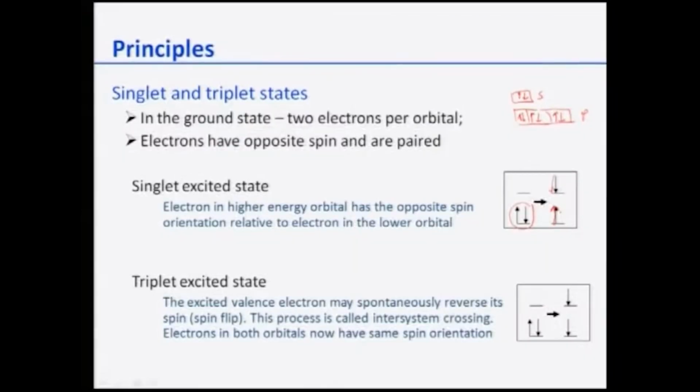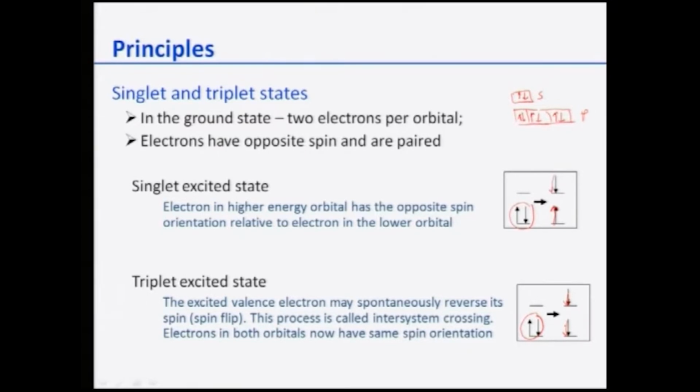In the triplet excited state, it is a little bit different. What happens is that excited valence electrons may spontaneously reverse their spin, and this process is called intersystem crossing. So, you have this state, now excitation happens and this electron remains in the same spin state, but the bottom one can change its spin state.